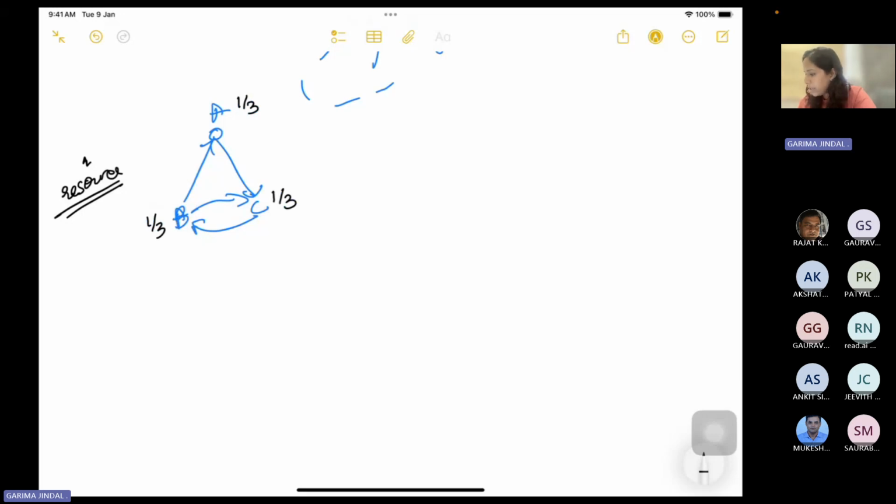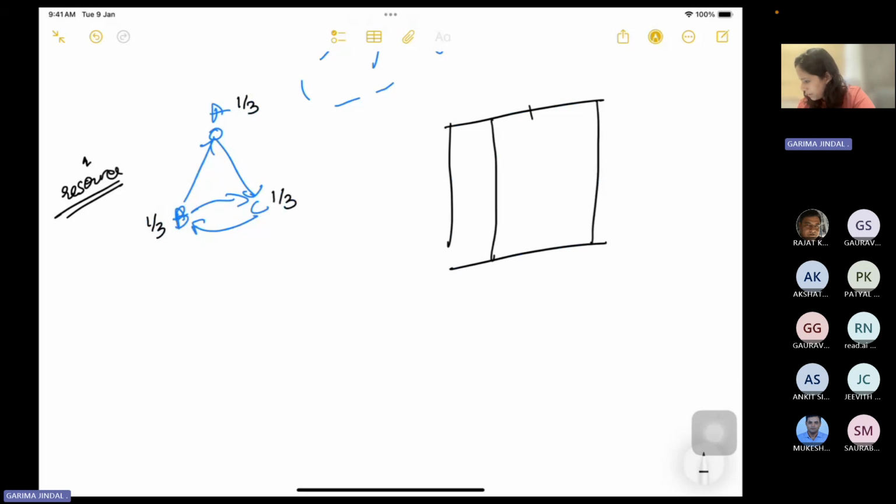Now here I will try to calculate the values of these resources iteratively. Suppose we have these three nodes A, B, and C. Initially I had a resource of one, and that is divided equally in the network.